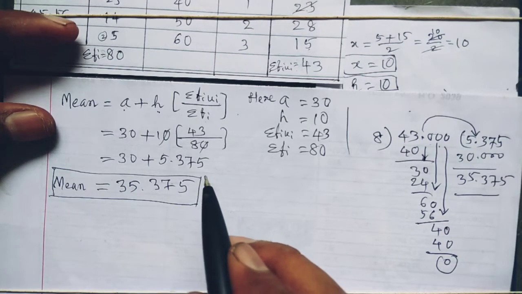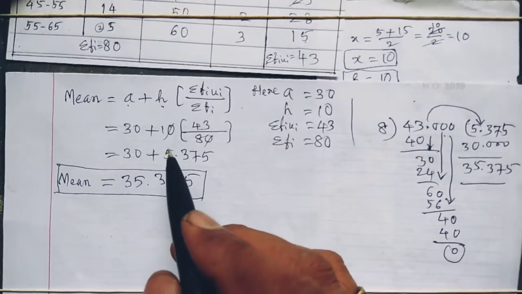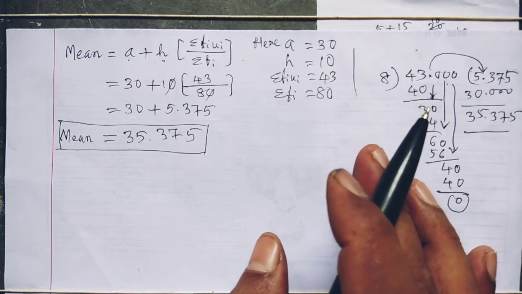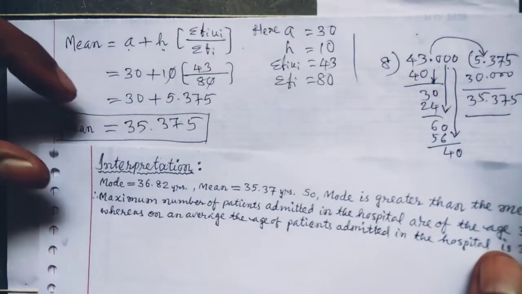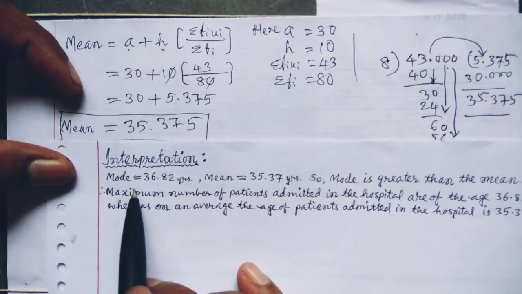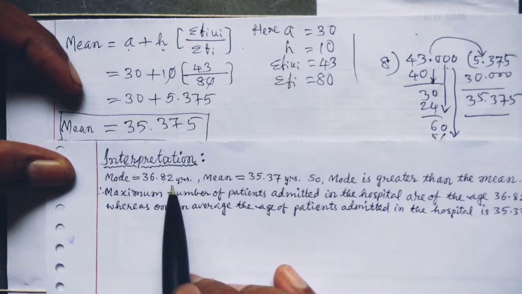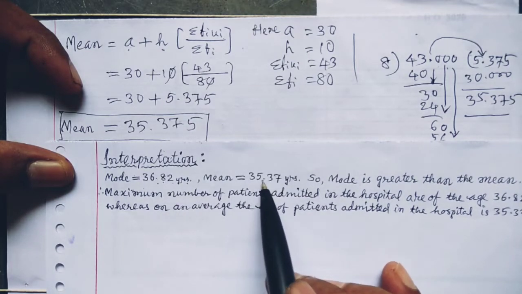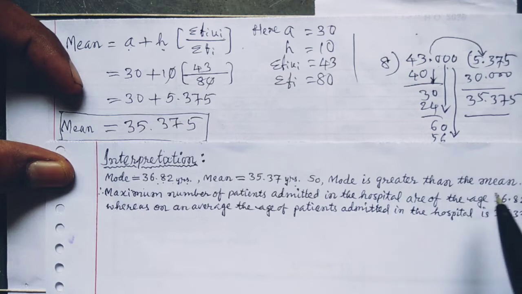We have completed mode and mean. After this, they asked for the comparison and interpretation. So this is the interpretation and comparison. Mode is equal to 36.82 years. Mean is equal to 35.37 years. So mode is greater than the mean.